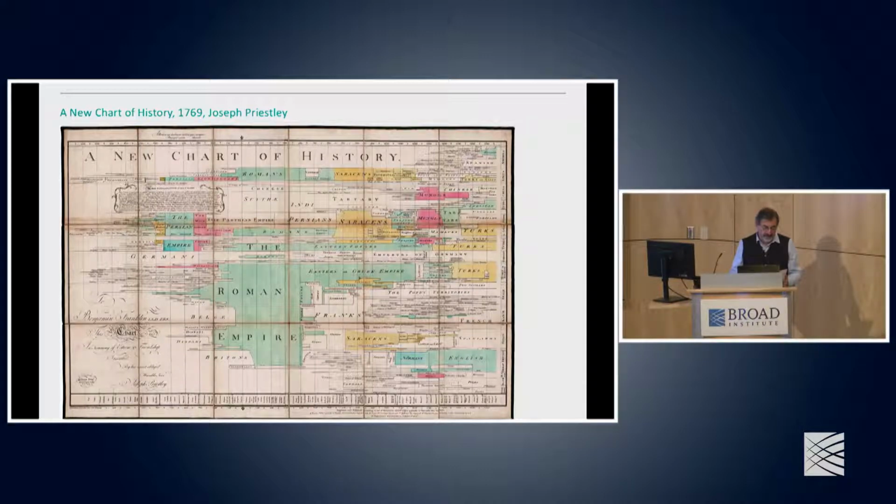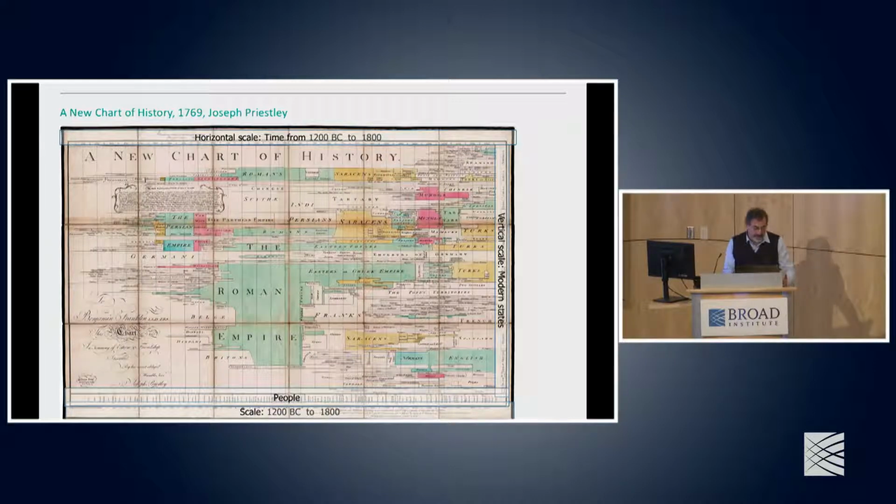One of the most influential is Joseph Priestley's New Chart of History, which synthesizes events found in classical texts and modern history. It begins in 1200 BC with Egyptians and Israelites. The vertical dimension are the modern nations, and they're here to represent the rise and fall of empires through the year 1800.